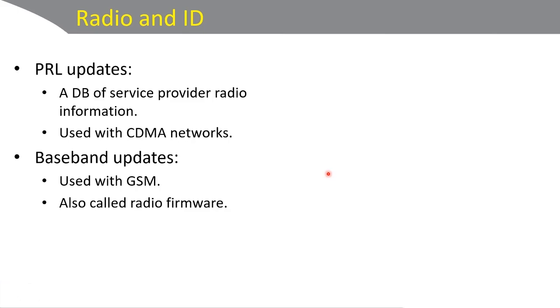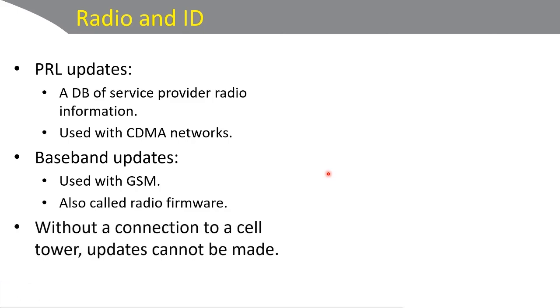Baseband is also referred to as radio firmware in that it controls network connectivity for GSM. If a phone doesn't have access to a cell tower, it won't be able to update either of these settings. And so the phone would at that point have to be brought to an authorized service center.